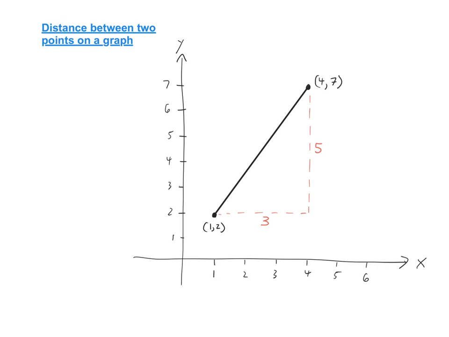From the Pythagorean theorem, we see that the length of the hypotenuse of this triangle is simply the square root of 3 squared plus 5 squared, which is the same thing as the square root of 34. So that's the hypotenuse, and that is the distance between these 2 points.